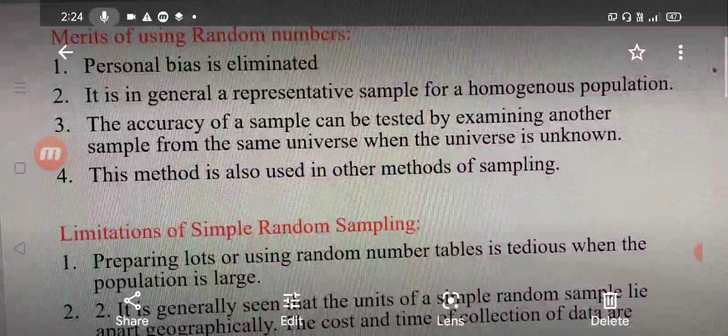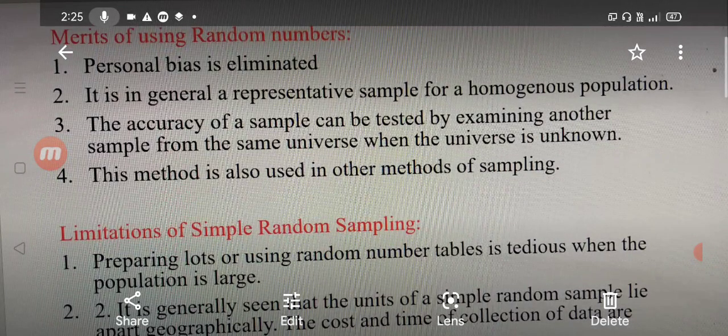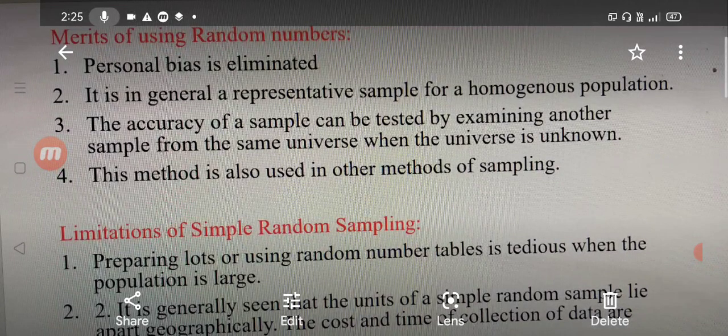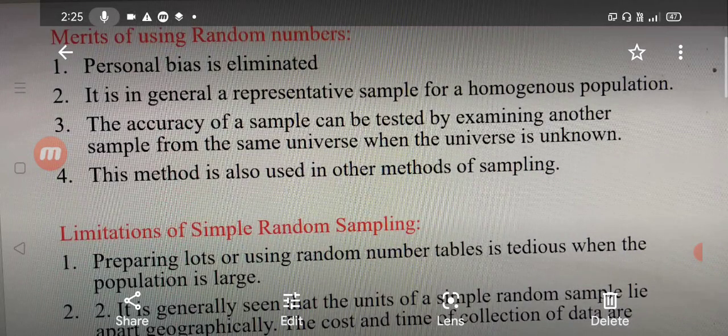For example, if we want to select 1, 10, 20, 30, 40, 50, 60, and if the 10th member is not available, then we have to select the side number, meaning the 11th number or the 9th member. So, that is the method which is applied in social science research.